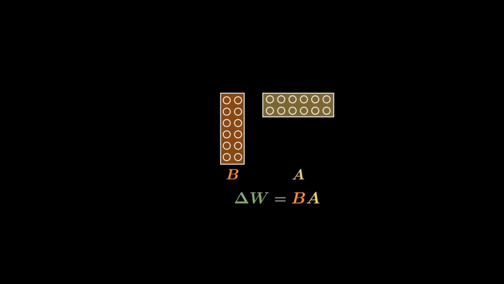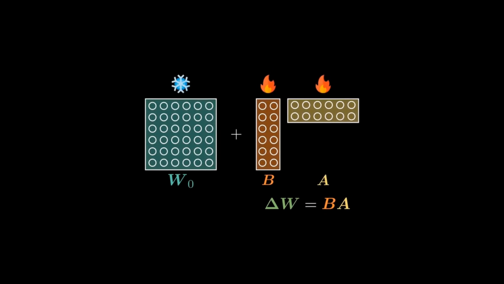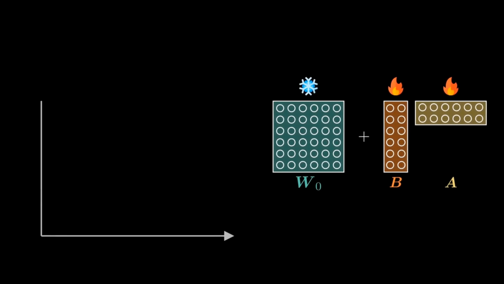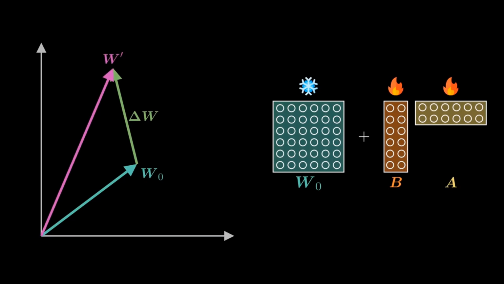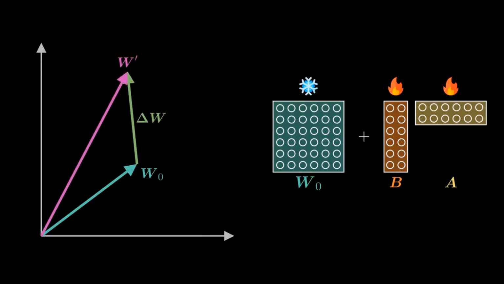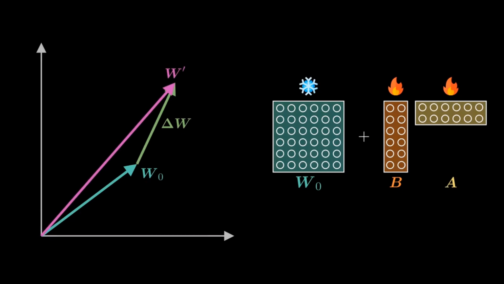But there is one more limitation. LoRA adds a low-rank correction to the weight matrix. Here is a 2D illustration. This is the frozen pre-trained weight W0. We add the correction weight delta W and form the new weight W prime. This correction can change both the direction of a weight vector and its length. But the two effects are tied together.